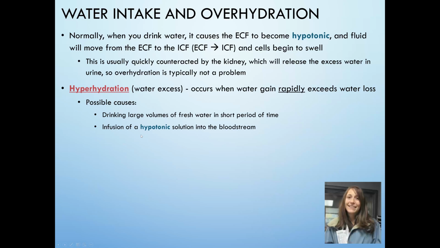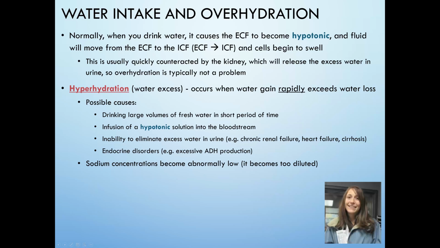With hyperhydration, the reason it becomes dangerous is the sodium concentration in the body becomes abnormally low. So the sodium becomes too diluted with all of the extra water. This is called hyponatremia, an abnormally low sodium ion concentration. The most dangerous part of hyperhydration is when the neurons in the CNS, the central nervous system, start to swell.